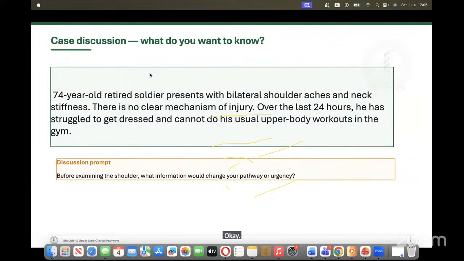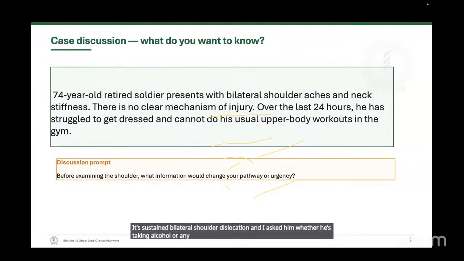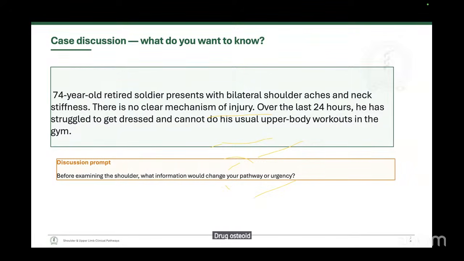He fell down while sleeping from his bed. Even though the bed was very low, after falling down he sustained bilateral shoulder dislocation. I asked him whether he's taking alcohol or any drug or steroid, but he told me nothing. He's not taking any of such drugs.